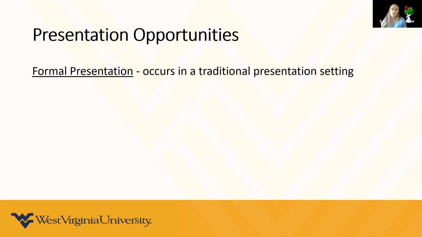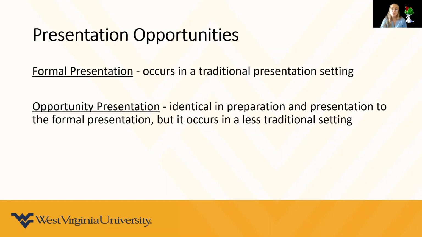These are examples of formal presentations. But there's also opportunity presentation, and this is identical in preparation and presentation to a formal presentation, but it occurs in a less traditional setting. For instance, many organizations have huddles or weekly meetings, which are periods during which employees are pulled together to talk.